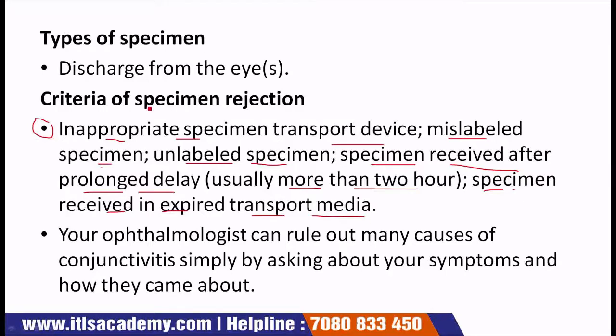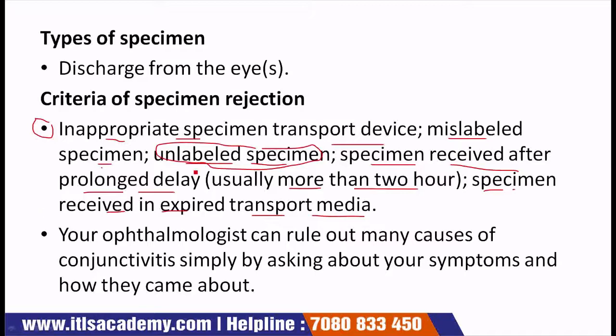If the specimen is in any of these conditions, then there is a higher chance of rejection of the specimen. These conditions are: unlabeled specimen, so there must be a label on the specimen packaging. Specimen must be received at the proper time.